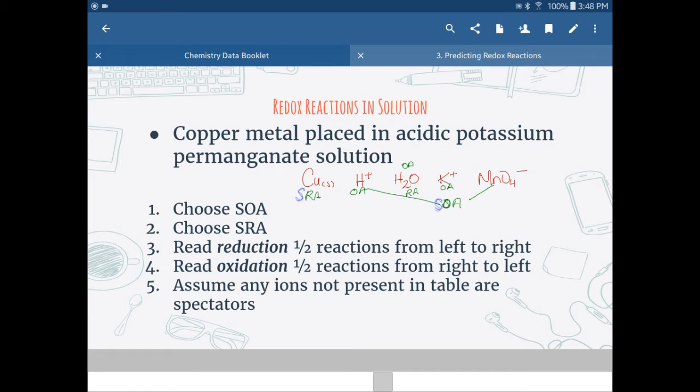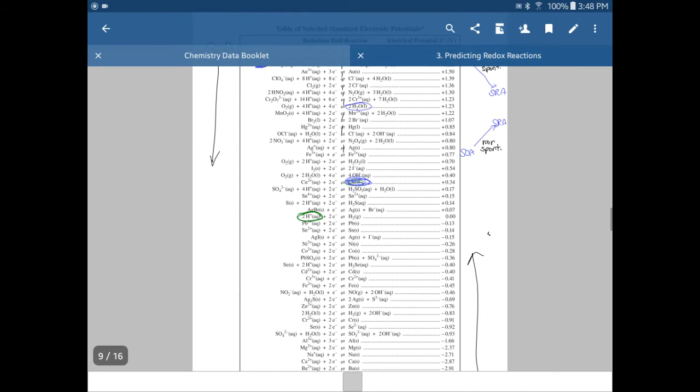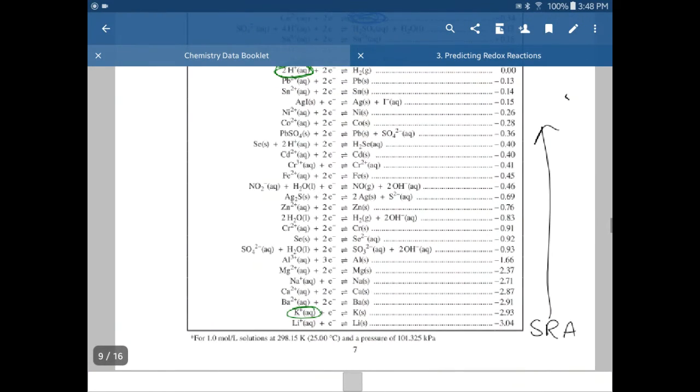Now, one thing to be very, very cautious of is you have to ensure that when you're labeling these as an OA or an RA, you're looking at the ion or the atom specifically. So for example, if I'm looking at my potassium ions, when I look at my data booklet, I have to look only at the potassium ions.